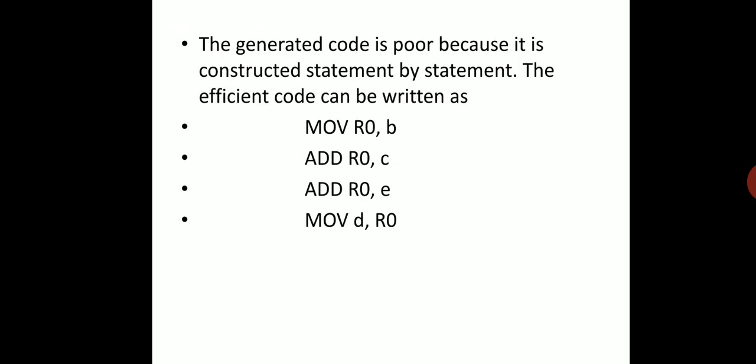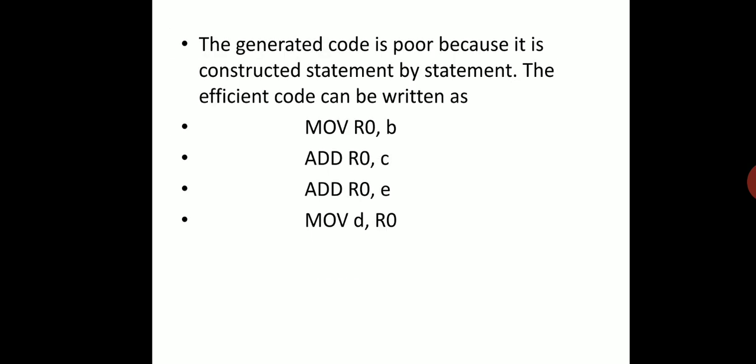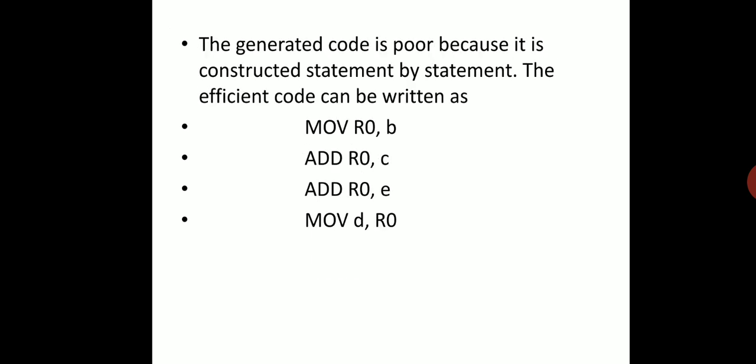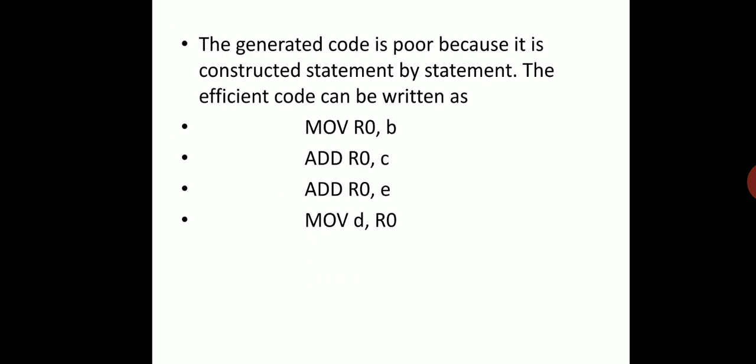So b is loaded into r0, then perform addition of r0 with c. r0 means b, so perform addition of b with c, and the result is again stored to r0. Then r0 will contain the addition of b and c. Then add r0, e: perform addition of r0 with e, that is a plus e, and then store that result to d. In this way we will get optimized and efficient code. So we should not go statement by statement. If we do, then we may have poor code.